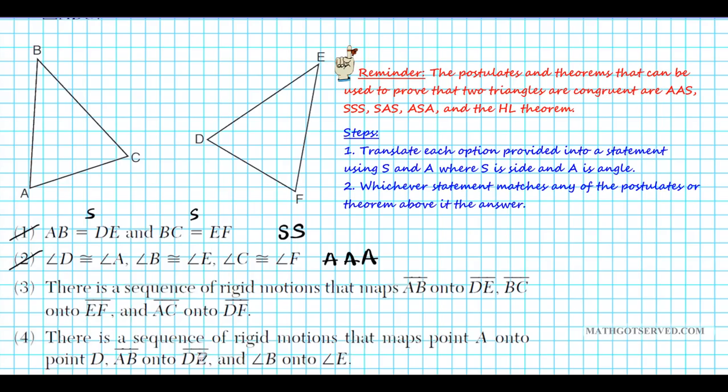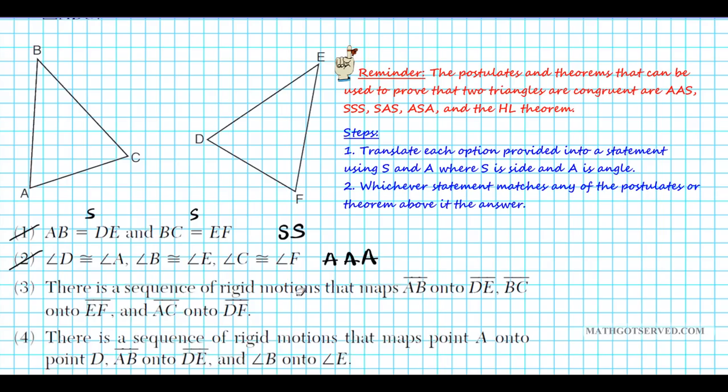All right, let's move on to option 3. It reads, there is a sequence of rigid motions that maps AB onto DE, BC onto EF, and AC onto segment DF. So basically the rigid motion, you can basically place this triangle perfectly on top of that one. Okay, perfectly. So let's see what is given here.